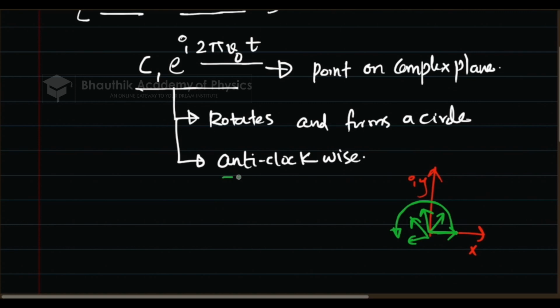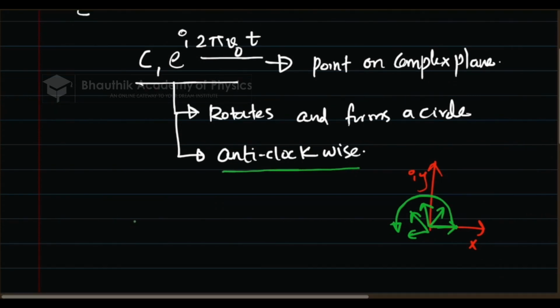If this is anti-clockwise, how do you represent a point that is rotating clockwise? It is very simple. Just put a negative over the argument. e raised to minus i 2 pi nu naught t. Now this is very clear because as the magnitude of theta increases, it is increasing in the negative direction.